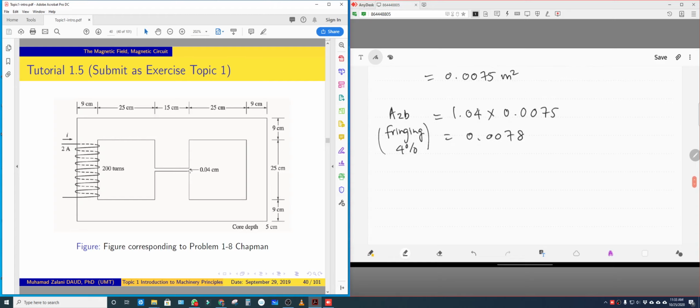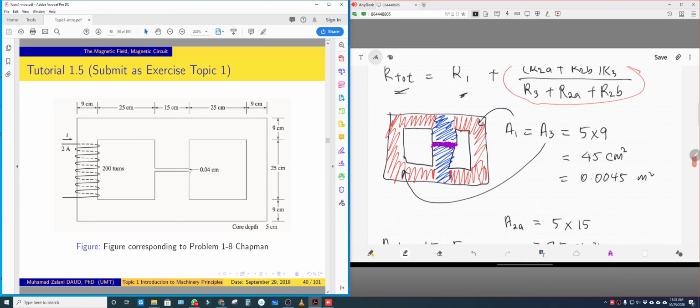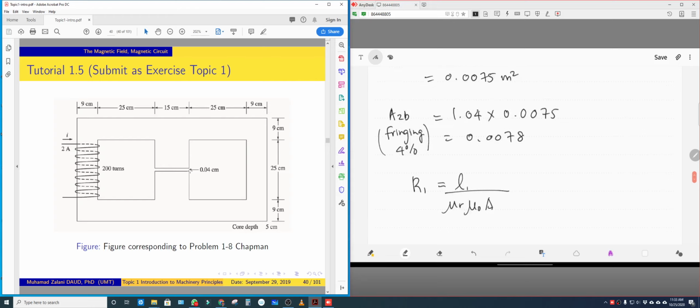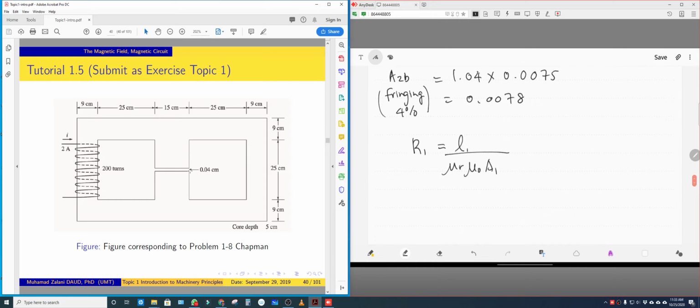So first thing, to find the R total, kita kena dapatkan R1 dululah. R1 dulu. So R1 is L1 over mu R mu naught A1. 1.08 untuk L1 tadi. Mu R 1500.